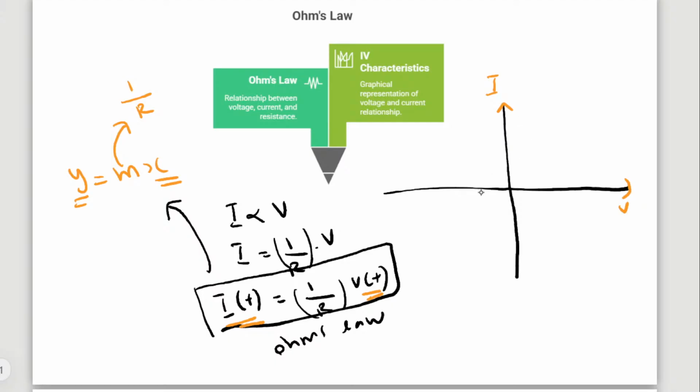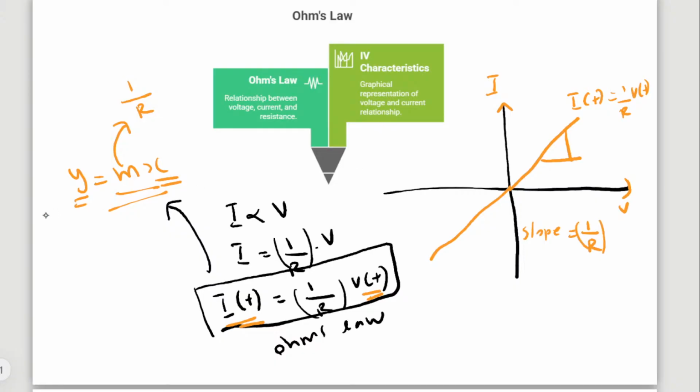This is a straight line going through the origin, which I can write as i of t equal to 1 by R v of t. The slope of this straight line is 1 by R. This is the VI curve of Ohm's law.